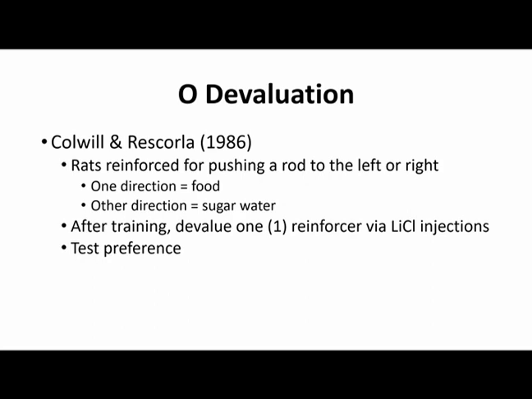Once the rats have been trained up and they know that going to the left gets them food and going to the right gets them sugar water, then they could devalue one of those reinforcers using lithium chloride injections. Basically, either the food or the water would make the rats sick. So they've devalued, let's say, food, and then test the rat's preference.